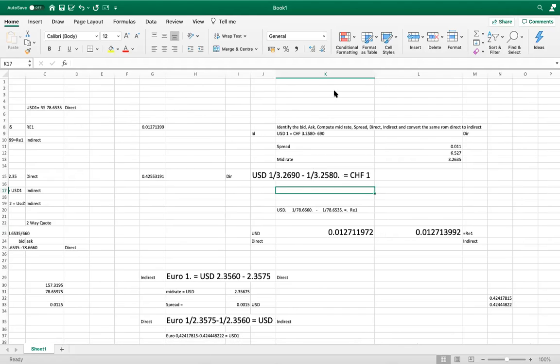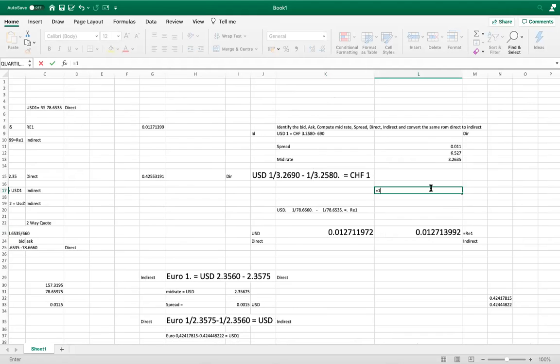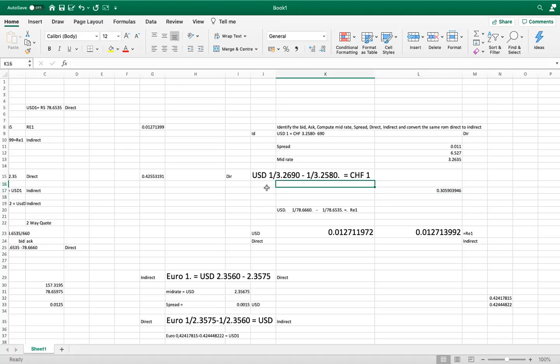Try calculating before me. If you can, please calculate before me. Is equal to 1 by 3.690. Going to be USD 0.30590 3946, right?